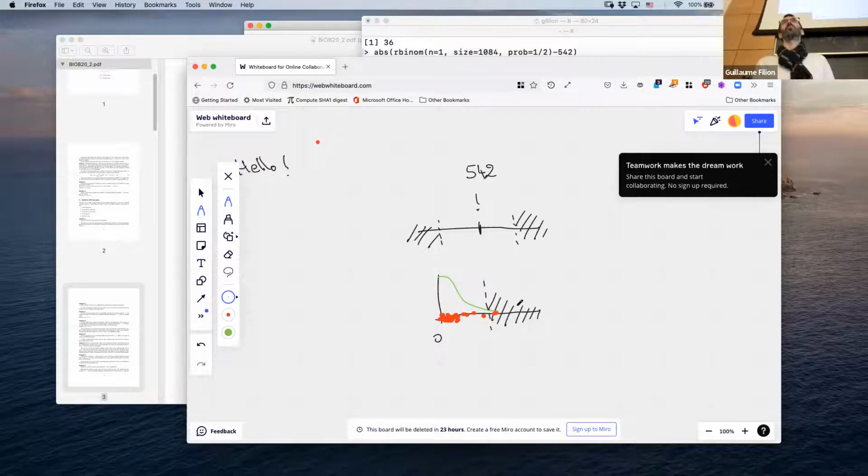That's possible. It's rare, but that's possible. So when we see a point here which is very much on the extreme, when are we sure that it's not coming from the null hypothesis? If we have a point here which is there, can we be sure that this is impossible, that it comes from the distribution here in green?